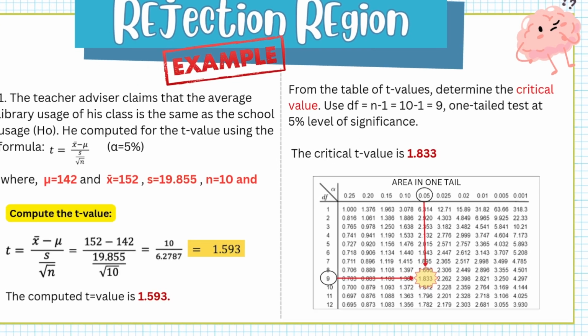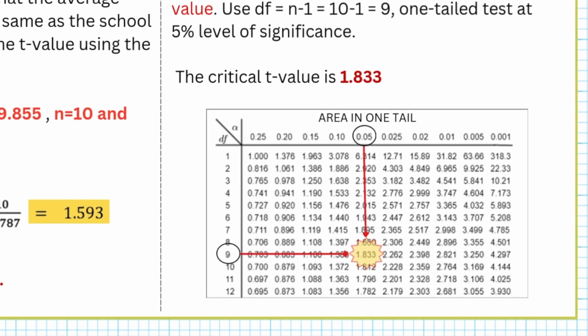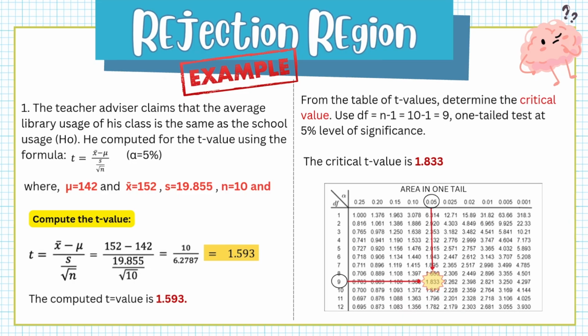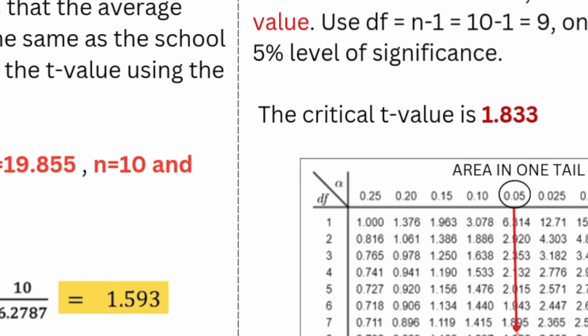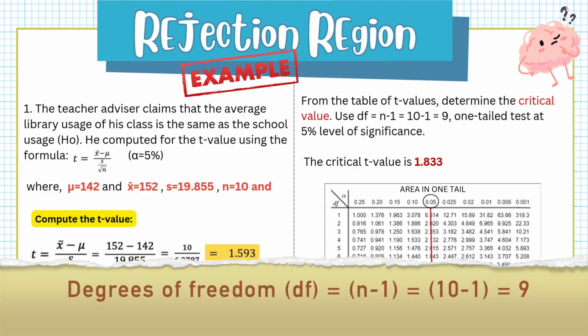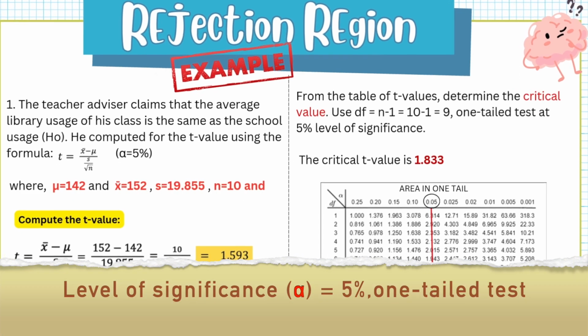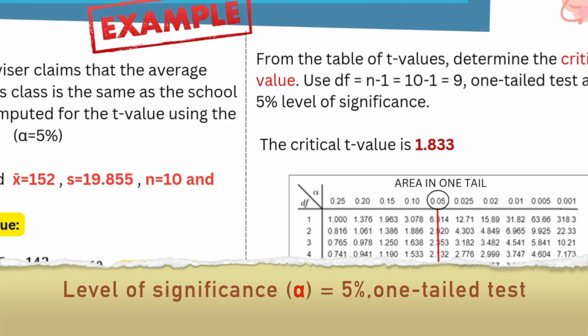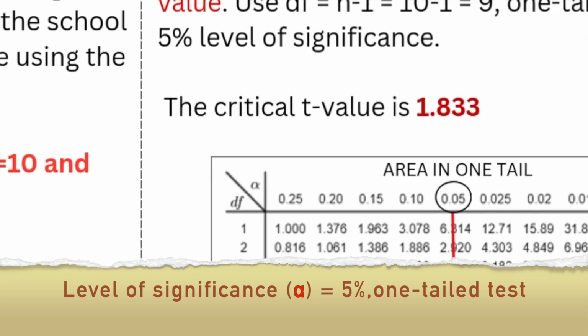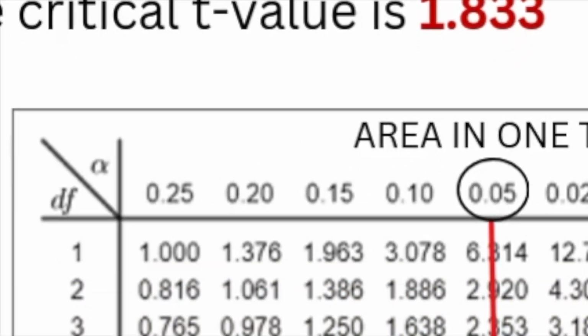The second step that we are going to do is determine the critical value. How? Using the table of t-values, we are going to locate the degrees of freedom by subtracting 1 from 10, which is the sample size, and that is 9. We are going to use a one-tailed test at 5% level of significance.